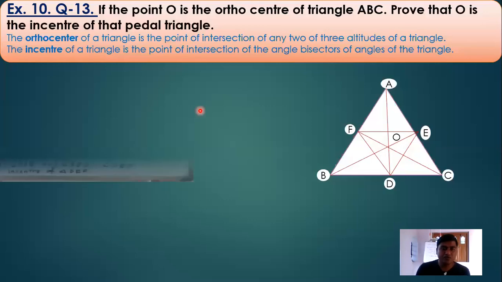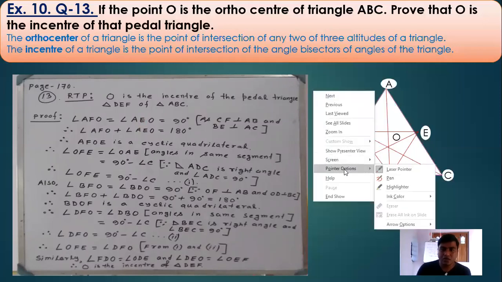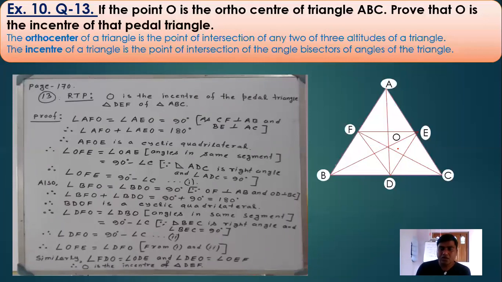So this is our proof. Now, this angle is 90 degrees because OF is perpendicular to AB.